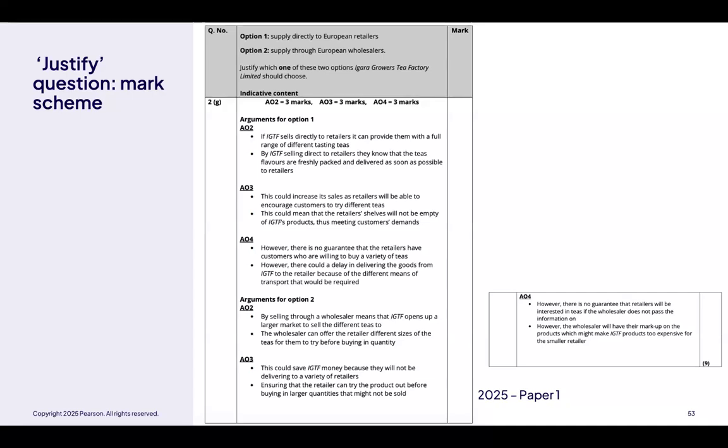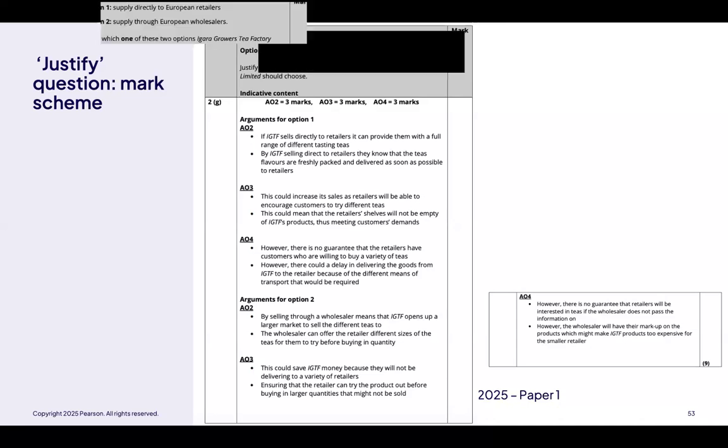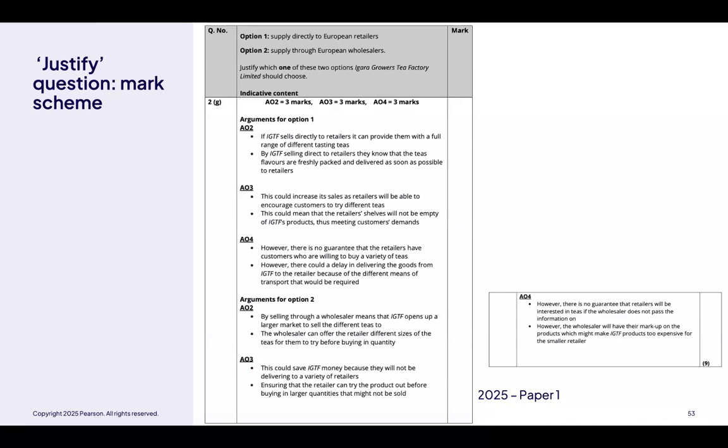Now, can I do that again? So a reminder of the question. It's considering two options: supply directly or use European wholesalers. Now, the mark scheme looks complicated, looks convoluted. It's not intended to be. Oops.